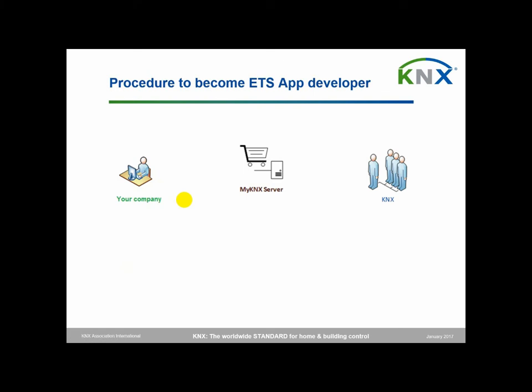Okay, what is the procedure? So here, this specific slide, the procedure to become an ETS app developer. You will apply online via the MyKNX server. That will result in the following, that you will get an ETS app member agreement and an ETS app validation tutorial.